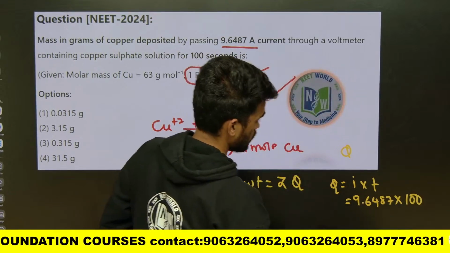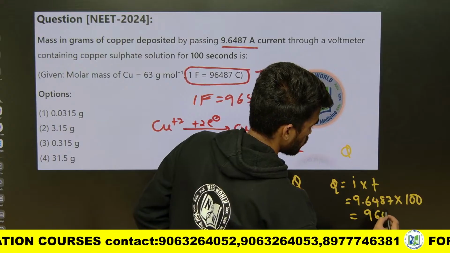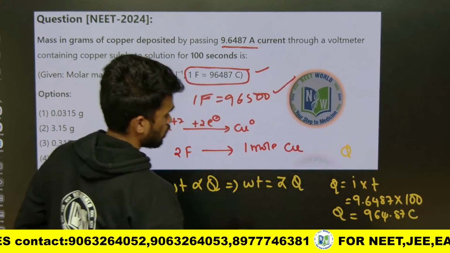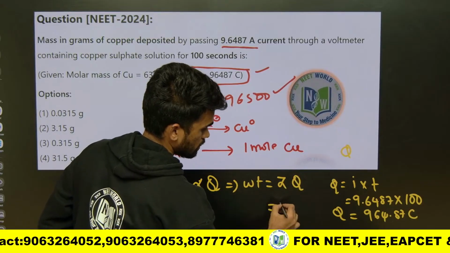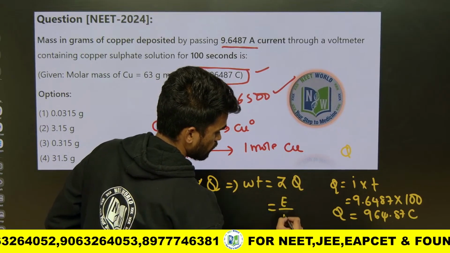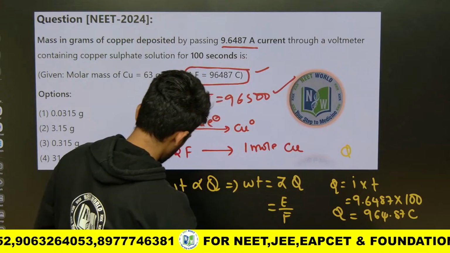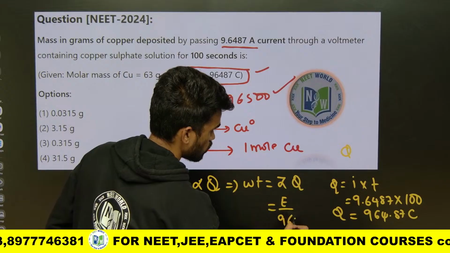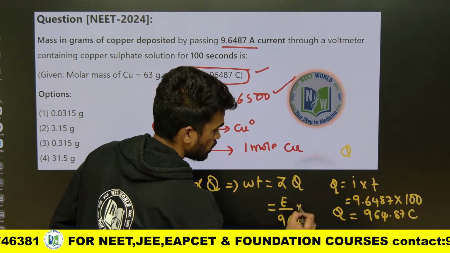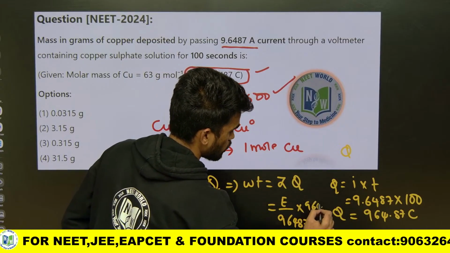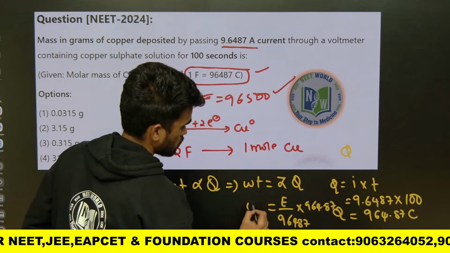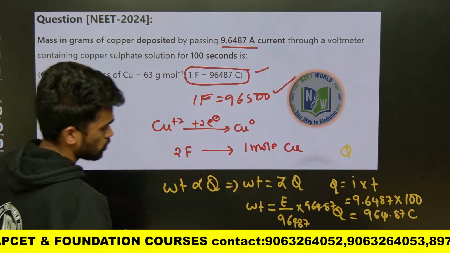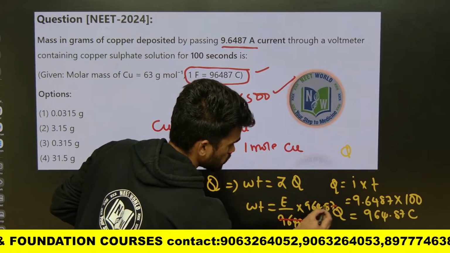How much will it become? 964.87 coulombs. Now what is its Z, equivalent weight by Faraday? The Faraday value is what they mentioned, so write that: 96487, into I into T, which is 964.87. What they are asking is grams of copper deposited. How many times can I remove zeros? Here in the denominator we will get 100.